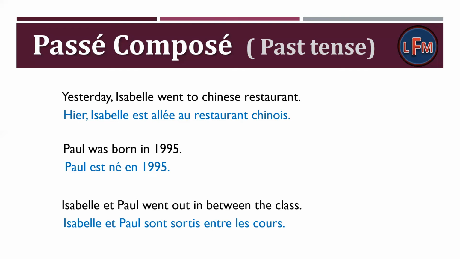So we take it like ils and put sont. Isabel et Paul sont sortis. We add an extra s with sorti because Isabel et Paul are plural. They are a mixed subject, so we take the ils plural and we add an extra s with the participe passé of the verb. Isabel et Paul sont sortis entre les cours.